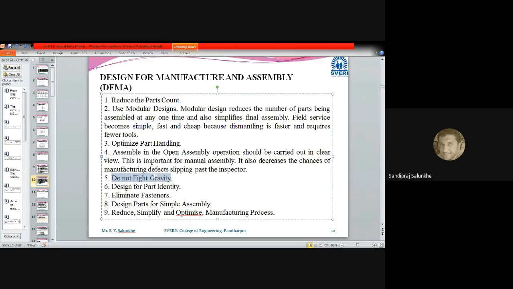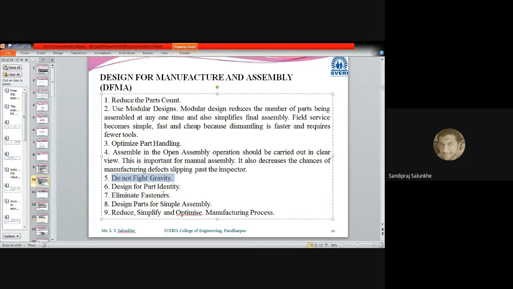Next thing is that while we are going to assemble any component, we should not fight against gravity. We have to take advantage of gravity, since every part on earth applies its weight in a downward direction.